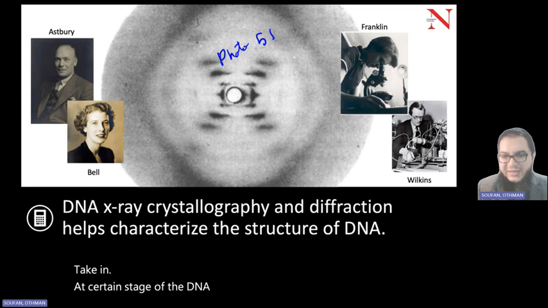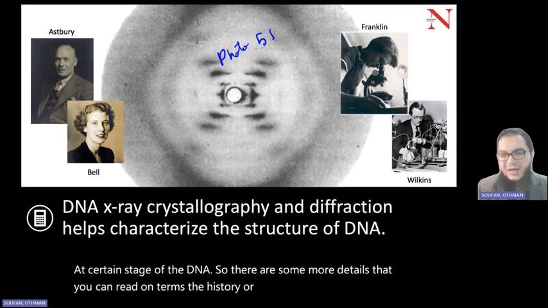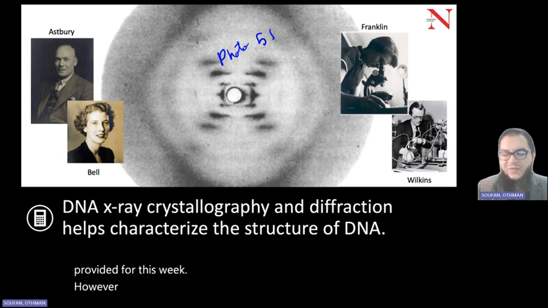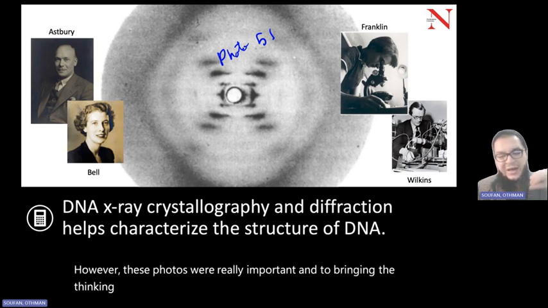There are some more details that you can read in the history reading material provided for this week. However, these photos were really important in bringing the thinking, okay, now we have this nucleic acid, what is the structure of that material?